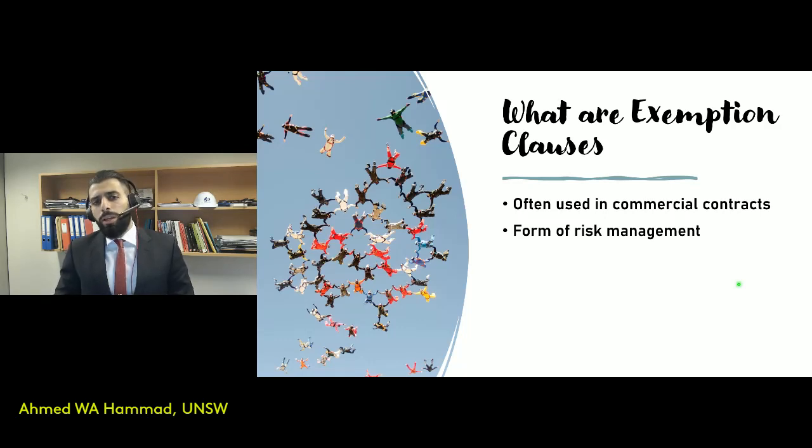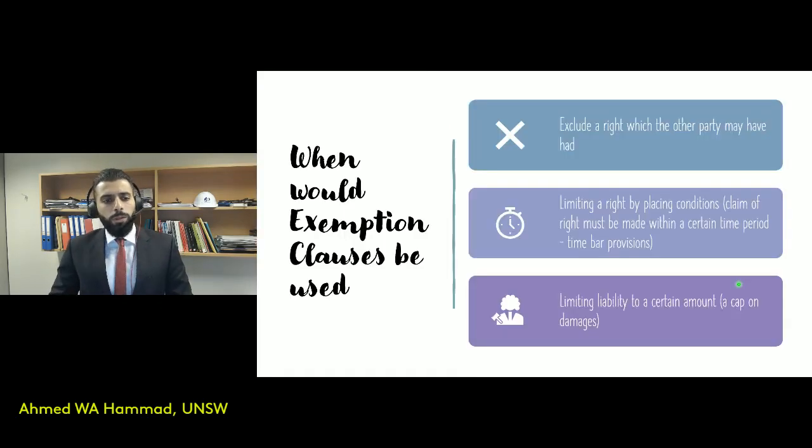And that's why exemption clauses can be used as a form of risk management. So it's managing uncertain events through maybe passing on the liability to someone else, particularly the party that's accepting the exemption over here.